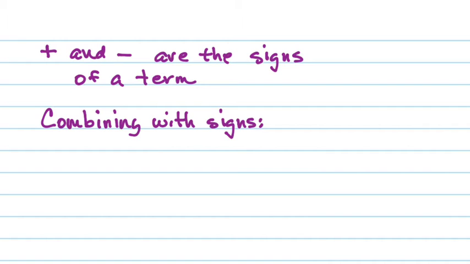Because remember, back when we did this, some of the things that look like addition actually turn out to be subtraction, and things that look like subtraction actually turn out to be addition. It depends on the combination of signs, and that's one reason it's called combining or collecting like terms instead of adding or subtracting them, because it all depends on the signs that we have.